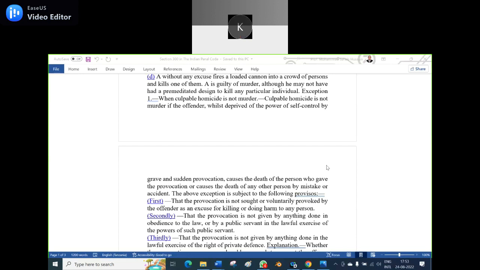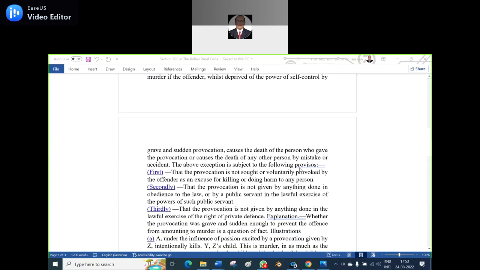Paramour, P-A-R-A-M-O-U-R. Is it clear? Say yes. Yes, sir. Good. So, is it a sudden provocation in that case law? Answer is no, because he killed the next day, not on the red-handed spot.